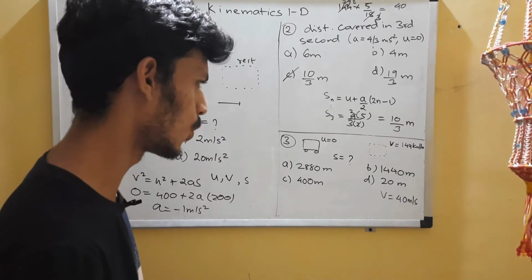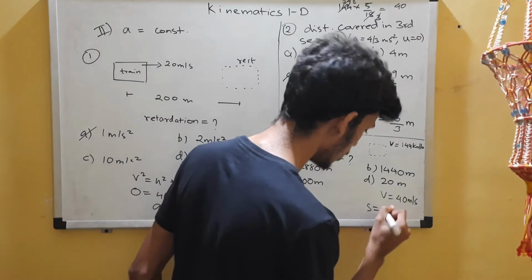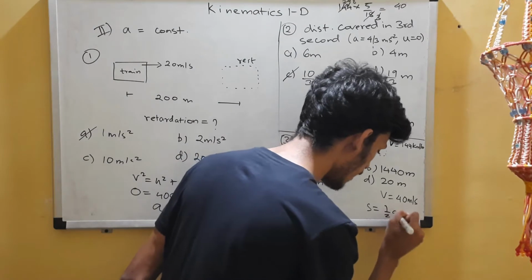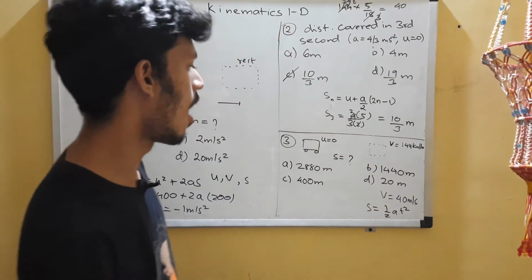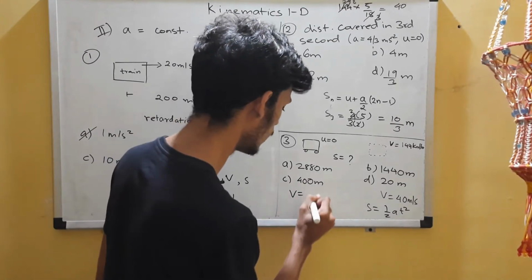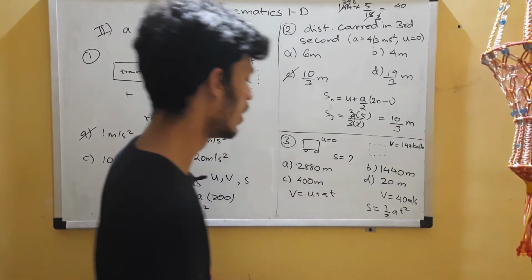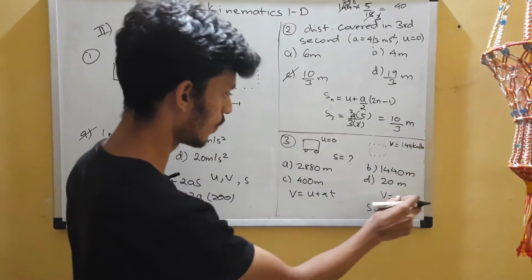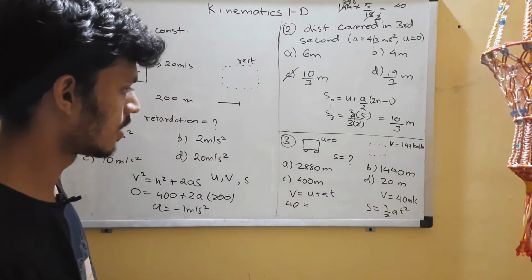Let's find out one more term. We'll find our s using ut plus half at square, but u is 0 over here, so we'll just use half at square. But for that we require the acceleration, right? How will you find the acceleration? You can simply use v is equal to u plus at, and you can solve that, and that will give you the acceleration. If you see u is 0, v is 40, the final velocity, and the time taken, not given.